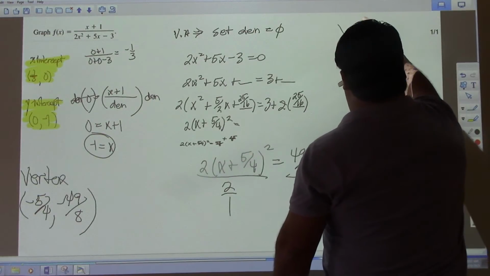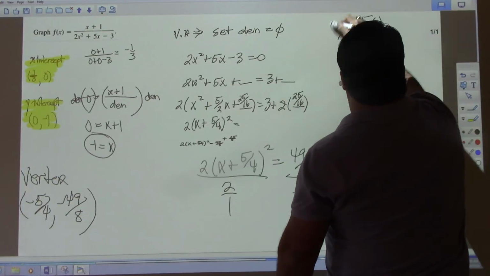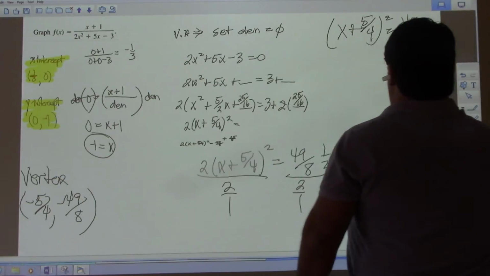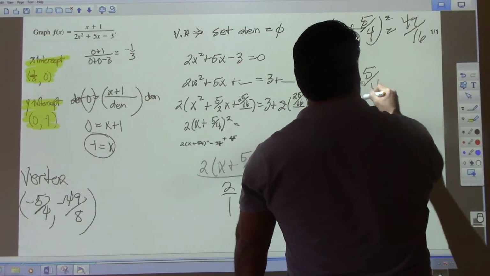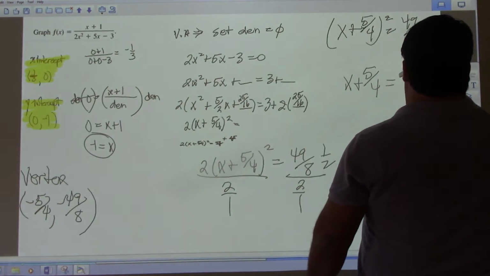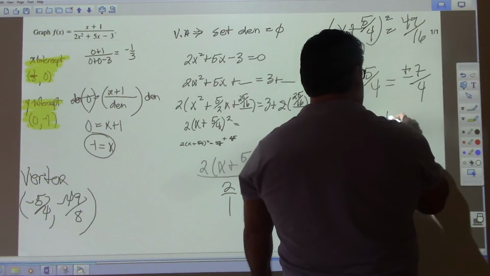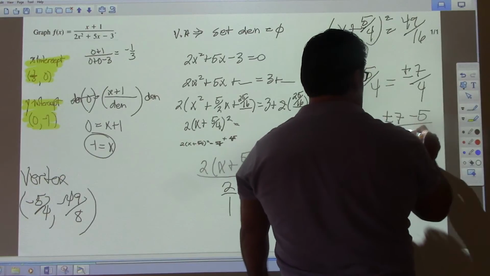So, x plus 5 fourths quantity squared is equal to 49 sixteenths. Take the square root of both sides. Positive or negative 7 fourths, sorry. And x is equal to positive or negative 7 minus 5 over 4.